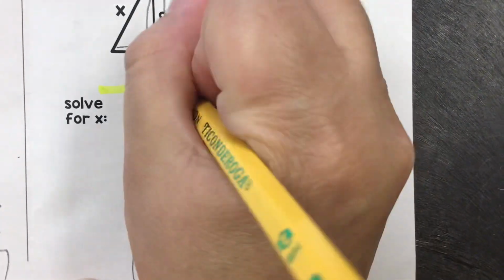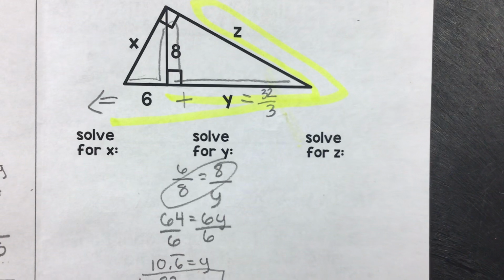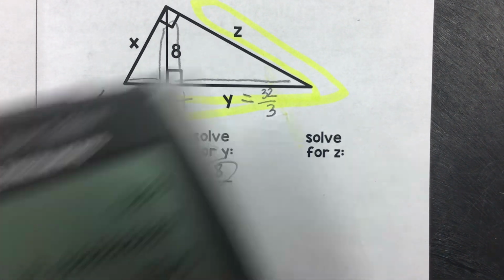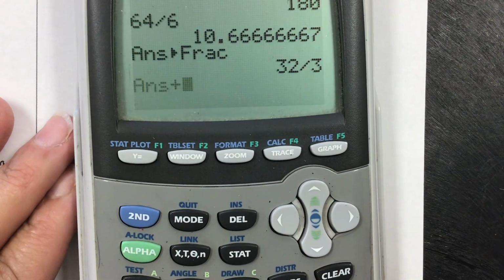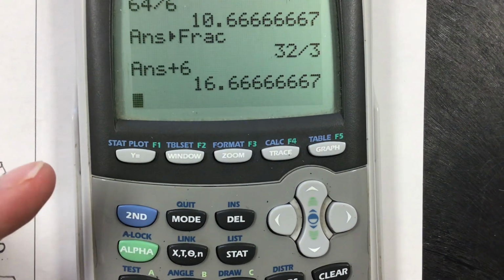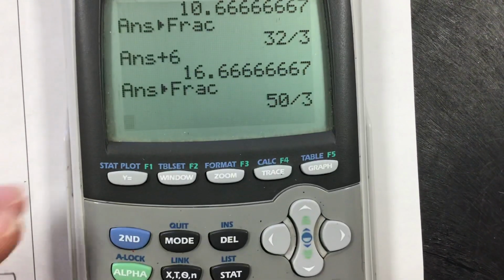We're going to add these two things together, and that means the hypotenuse of the big triangle. You see how I already have this on the calculator? You can just do plus 6. It gives you that mess. And so you can hit math, enter, and it's 50 thirds.